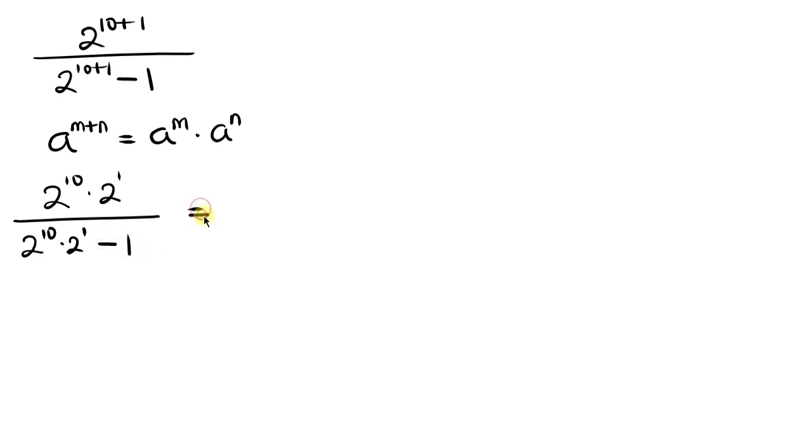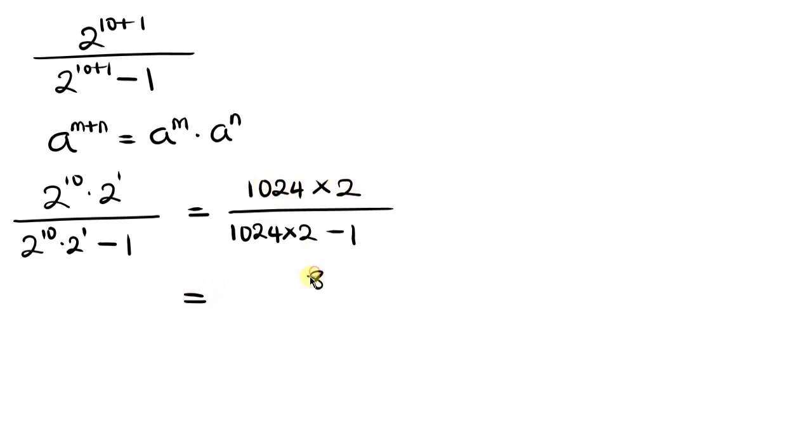So this simplifies into 2^10, which is the same as 1024, times 2, all over. Now the denominator, we have the same thing. 2^10 is 1024 times 2^1, which is 2, so times 2, minus 1. So this is equal to, now multiply the numerator. 2 times 4, we have 8. 2 times 2, we have 4. 2 times 0 is 0.